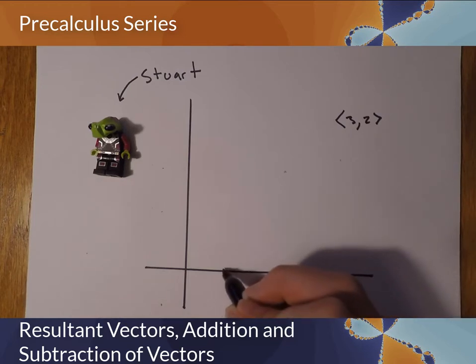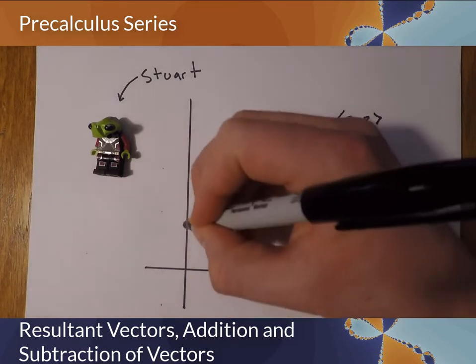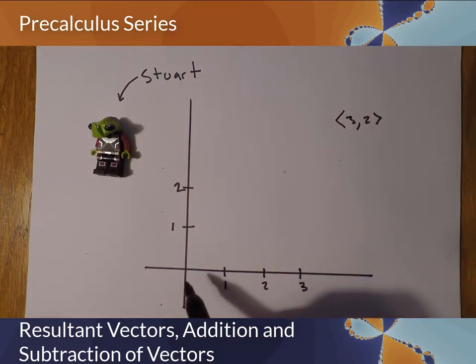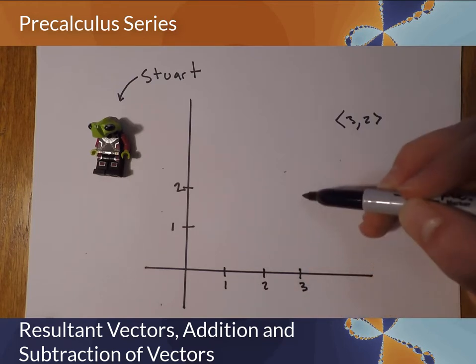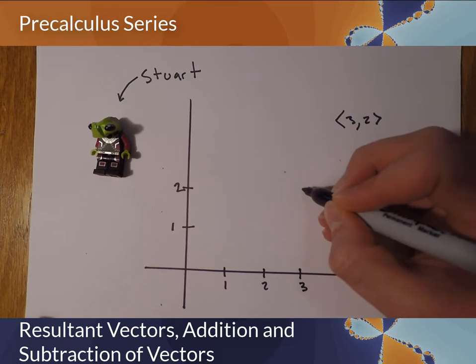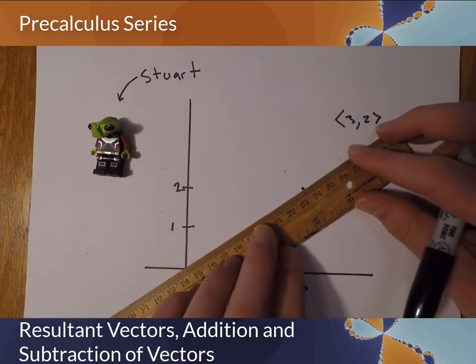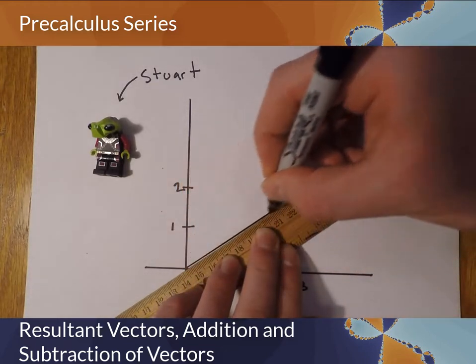Basically, when you draw the vector 3, 2, it indicates that a given object at the origin moves 3 over in the x direction and 2 up in the y direction. So your vector showing the displacement is going to look like this.